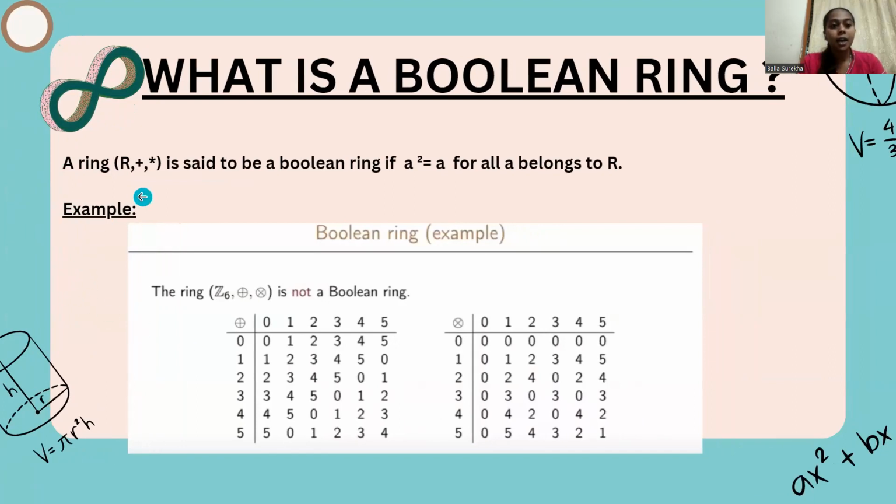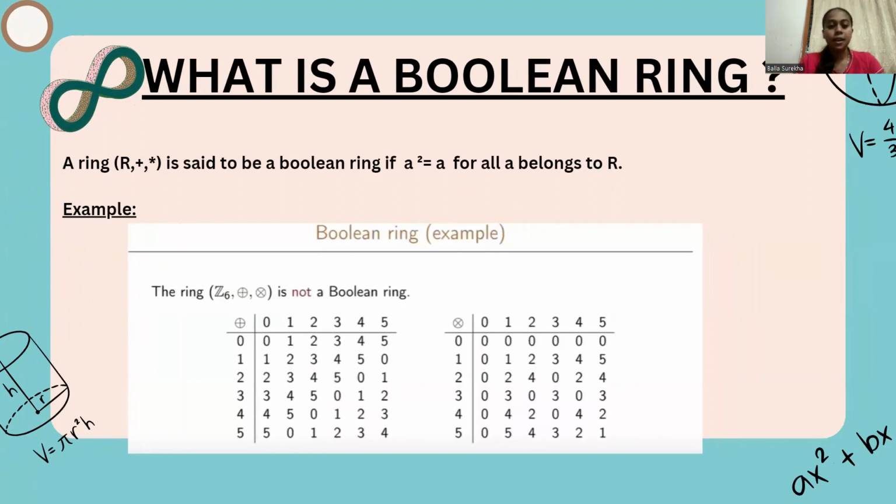A ring R, plus, dot, is said to be a Boolean ring if A square is equal to A for all A belonging to R, that means it should be idempotent. So every element squared should be equal to that element itself.